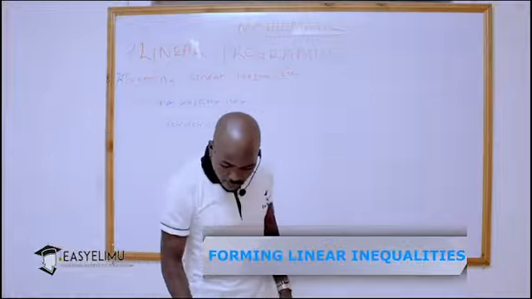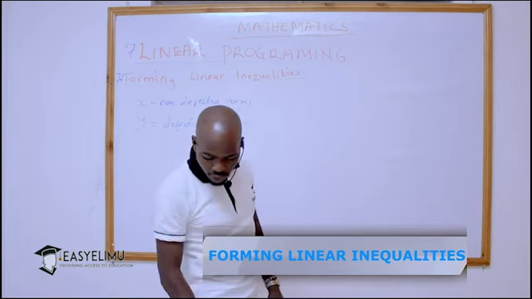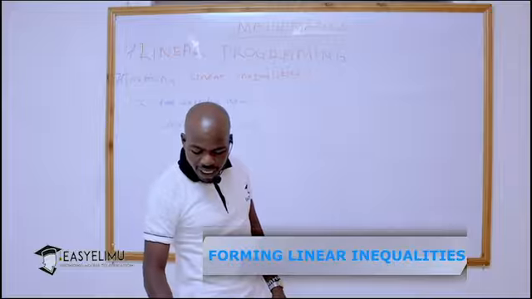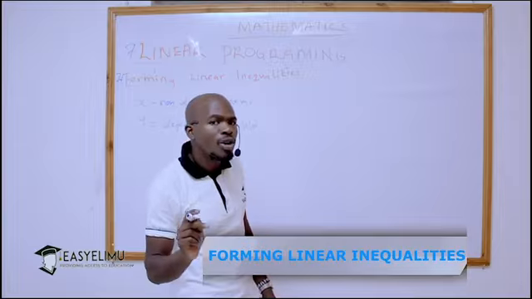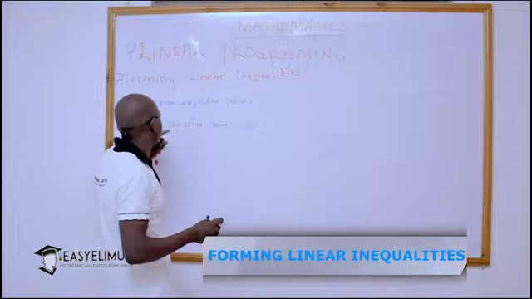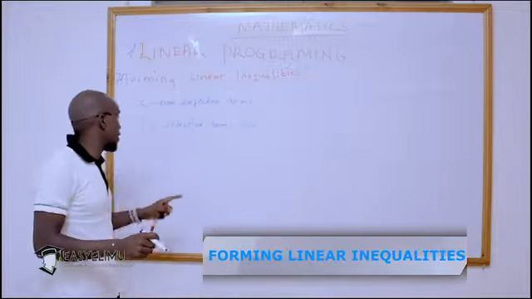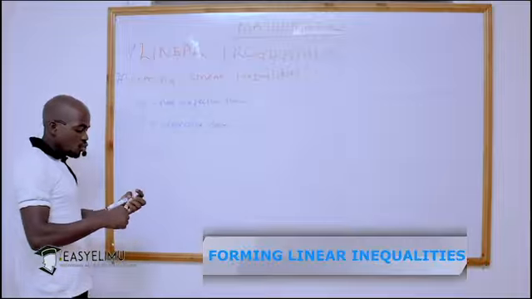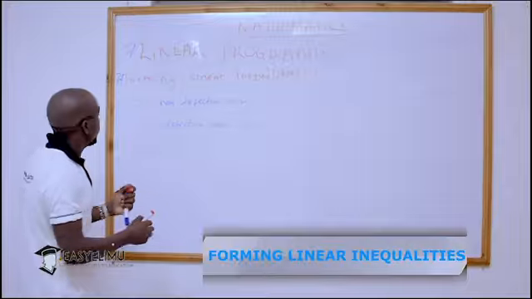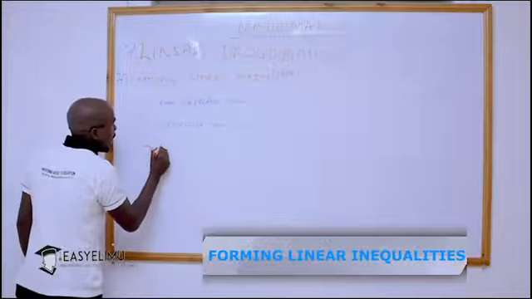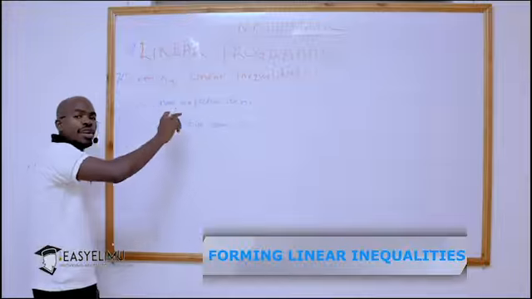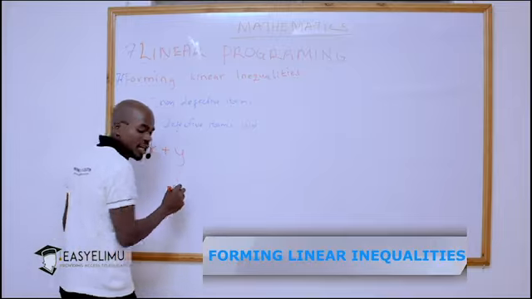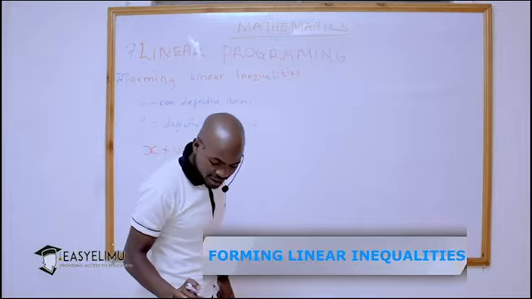To form the inequalities required, the first thing is to understand the question. They are saying a factory produces at most 400 items. If x are the non-defective items and y the defective items, then if we add the two, all the non-defective items plus the defective items, we are told at most 400.